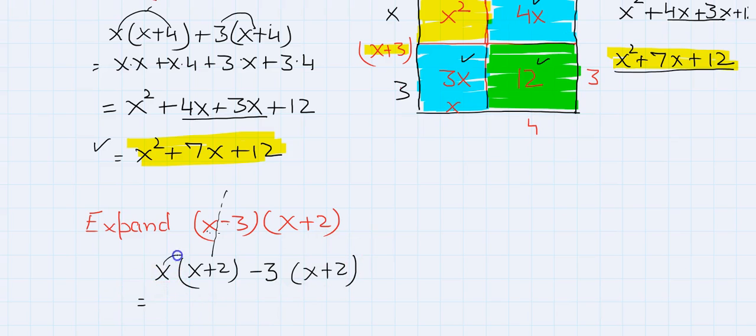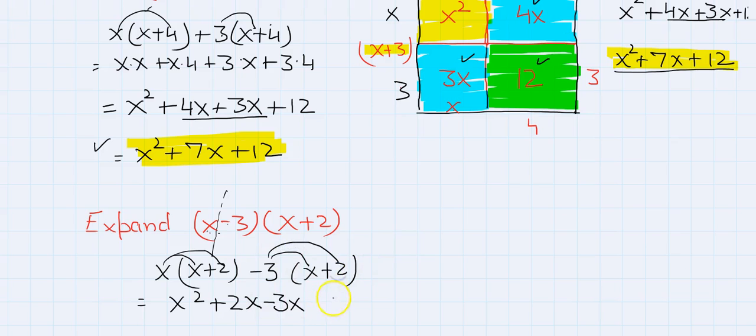Now you multiply it. x multiplied by x is x square and x multiplied by 2 is 2x. You have to multiply with both the terms inside the bracket. Now take care: when the negative is outside the bracket, the inside sign will change. Here x is positive and 2 is positive. Now see, 3 multiplied by x is 3x, and this is a negative sign, so it will become negative.